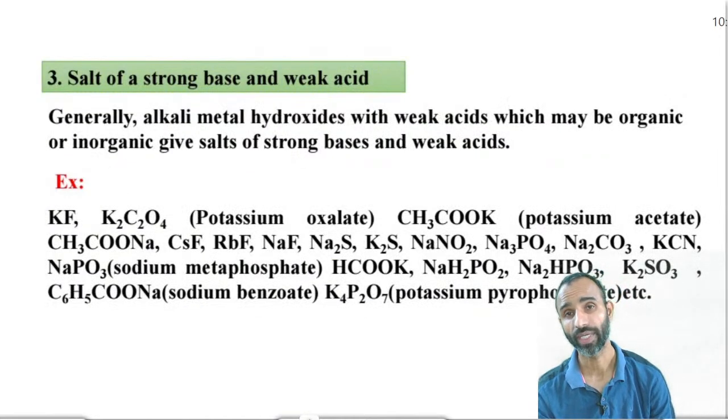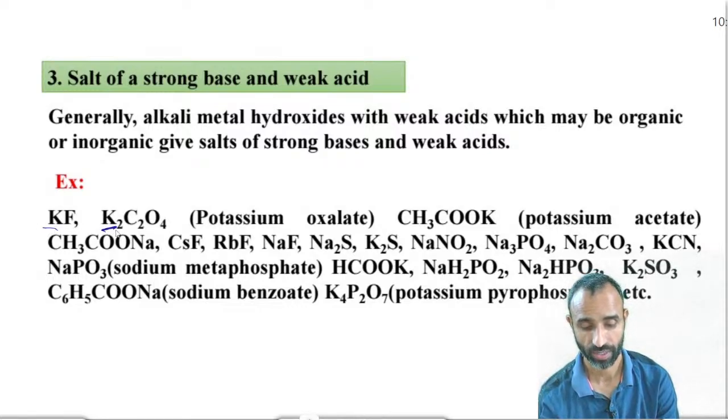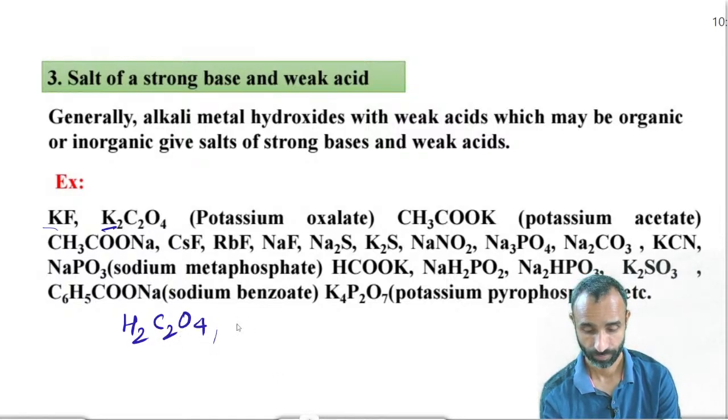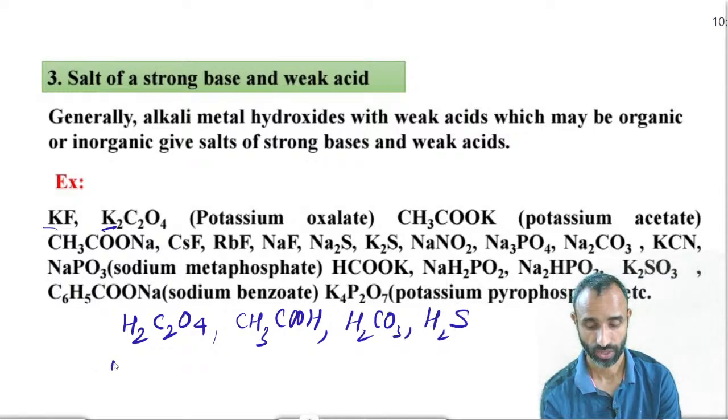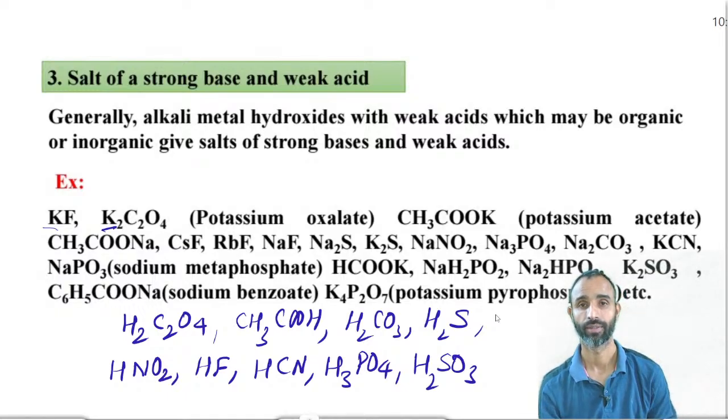Salt of strong base and weak acid. So obviously most of the alkali metals form strong bases, and H2C2O4, that is oxalic acid, acetic acid, carbonic acid, H2S, HNO2, HF, HCN, H3PO4, H2SO3, they are weak acids.